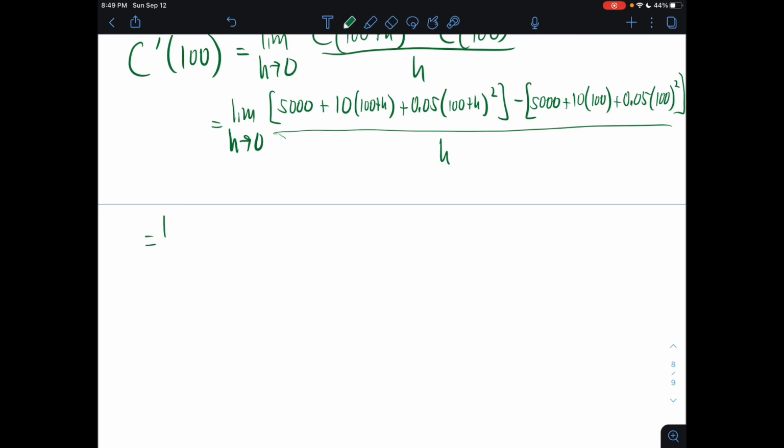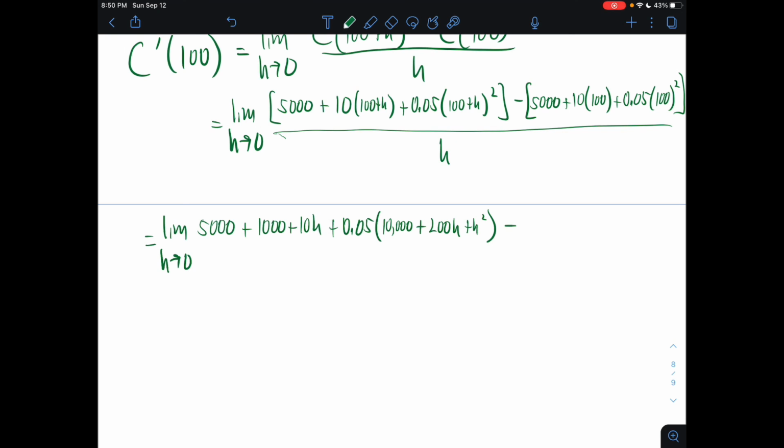So just expanding my numerator, 5,000 plus 10 times 100 plus h, so that's 1,000 plus 10h plus 0.05 times, when I square the binomial, I'll get 100 times 100, which is 10,000, plus 2 times 100 times h, which is 200h, plus h squared.